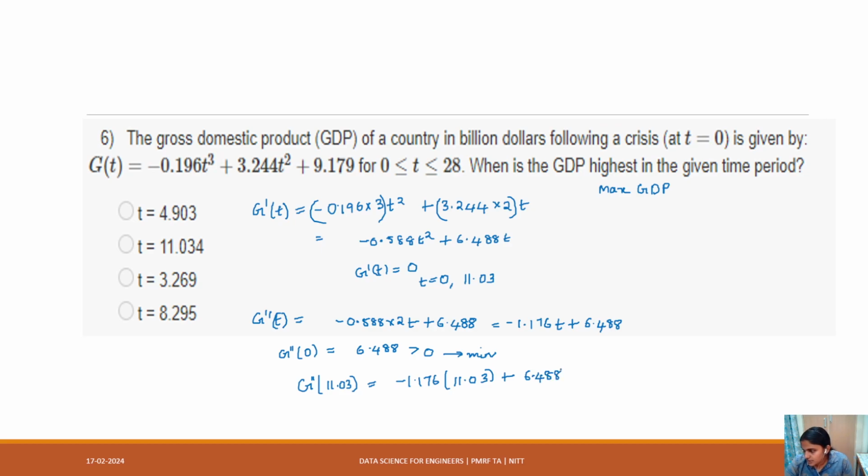I think you are getting the value as 6.48. Just check that once. So it's 6.488 minus 1.176 into 11.03. You will get the answer as minus 6.48. So this is less than 0, which means that at x equal to 11.03, the GDP is maximum. That means the answer will be B.